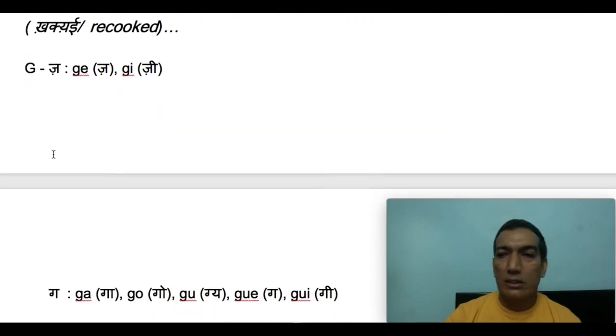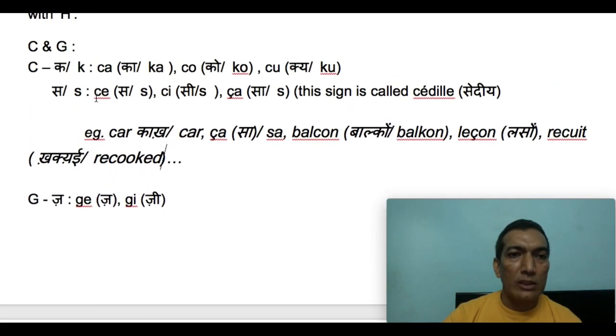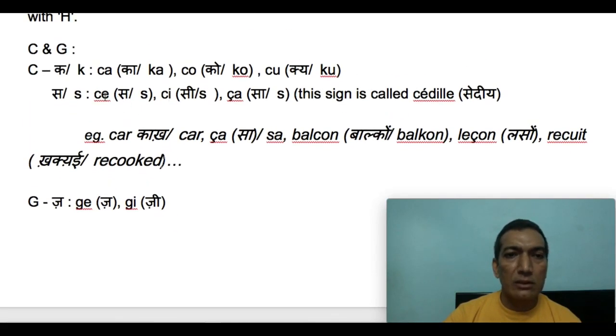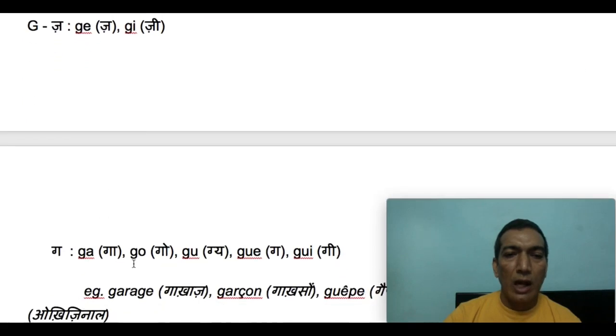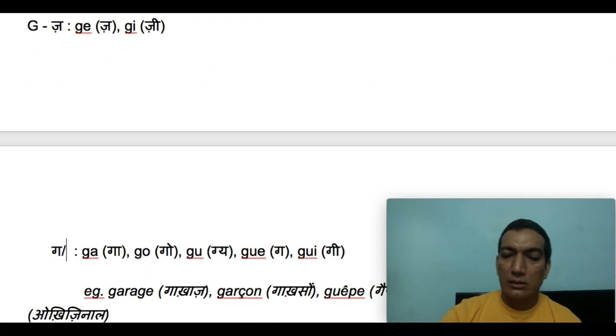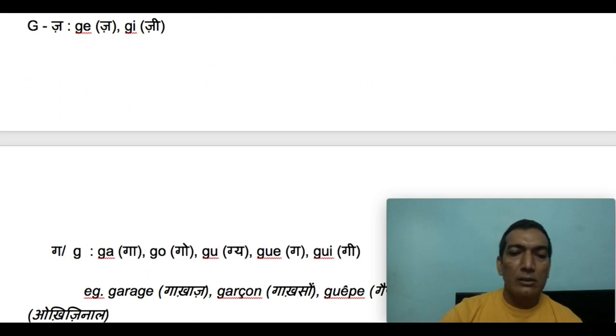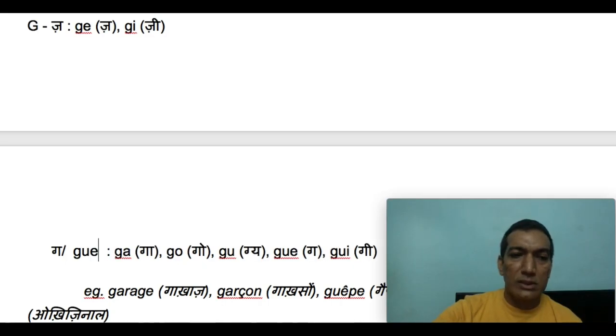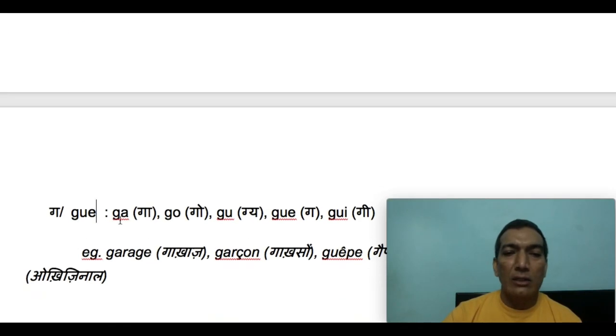Here the same problem. The same three vowels, A, O, U, when it remains g. So it is pronounced as ga, go, gu.